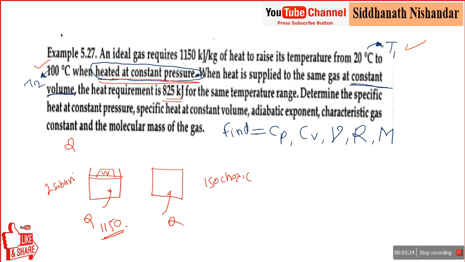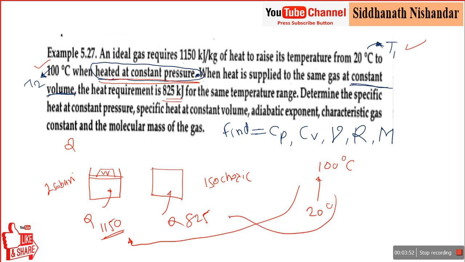To raise the temperature from 20 to 100 degrees Celsius, the isobaric process consumes around 1150 heat, while the isochoric process consumes around 825.